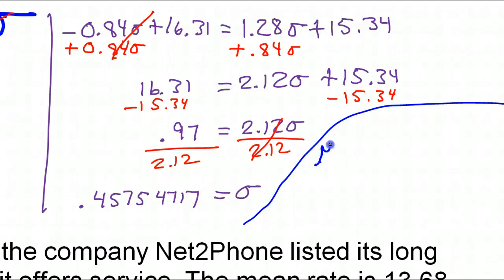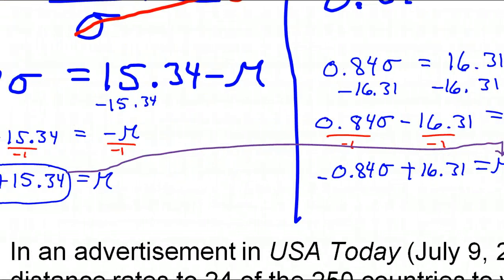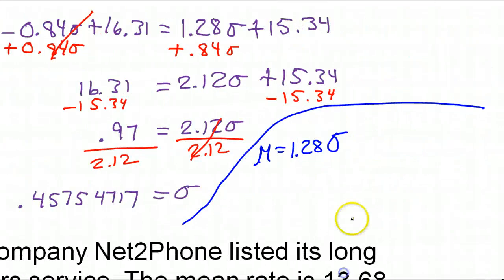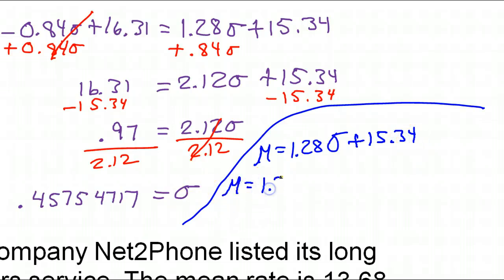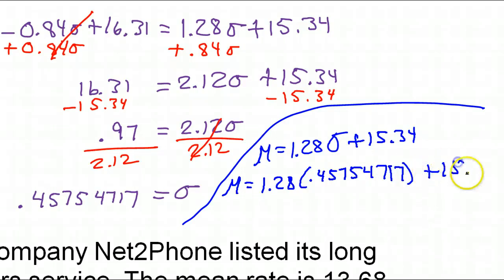So my mean equals 1.28 times 0.45754717 plus 15.34.